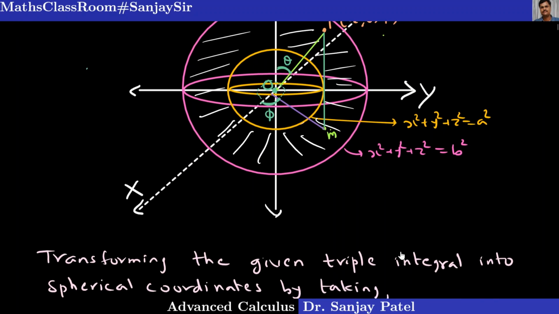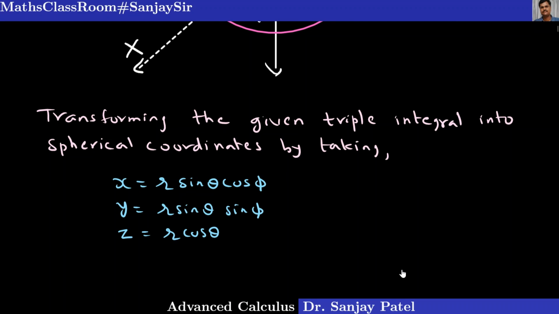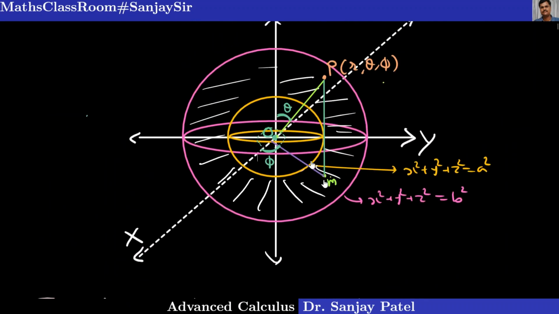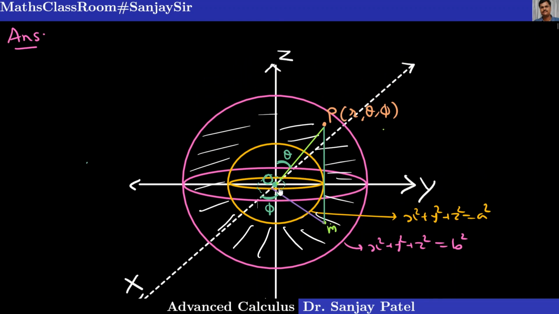So it is clear that in this case phi is from 0 to 2 pi, and since theta is the angle between OP and the z-axis, the point P can be anywhere. It can be here also, or it can be here also. According to the position of point P, theta will change. If it is here, it is 0, because the angle between OP and the z-axis will be 0.